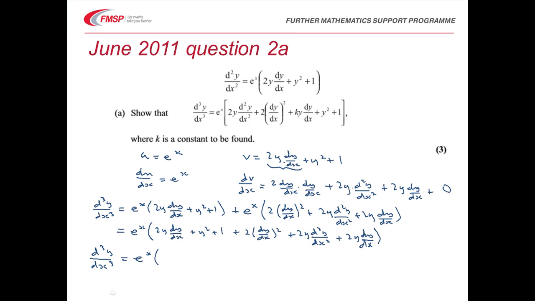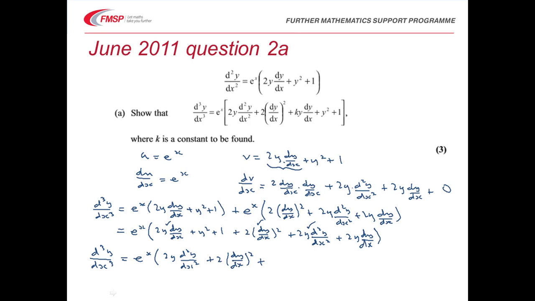Okay, so I can see the 2y times d2y by dx squared. I can see 2 dy by dx squared. And if we look in there, I can see 4y dy by dx.